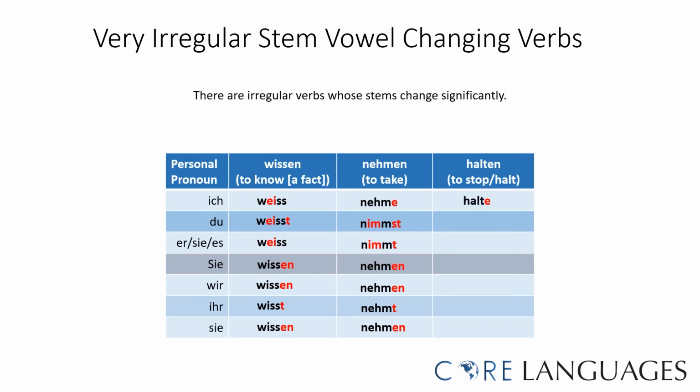Halten. Ich halte. Du hältst. Here, the A changed to an Ä. Sie, es hält. Sie halten, wir halten, ihr haltet, sie halten.